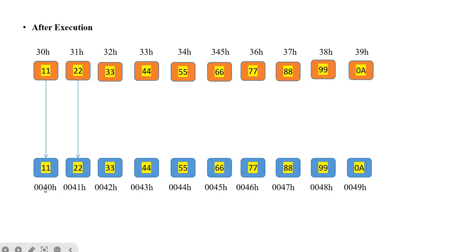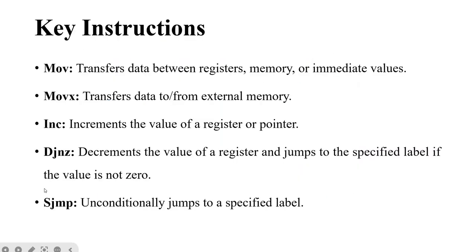Similarly, we'll transfer 22 from the internal memory to the external memory location. Then we'll transfer 33, 44, 55, 66 and so on up to the last, 0A, which is at 39H, to 0049H.